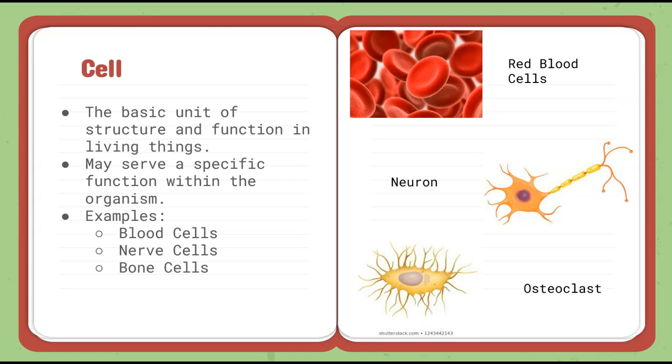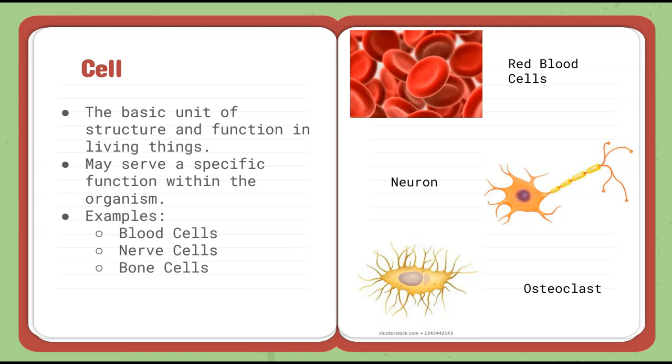For example, you have red blood cells in humans that carry oxygen throughout the blood, and then you have nerve cells that send electrical impulses. Just a heads up, a neuron is a type of nerve cell, and you may see that on a standard assessment. Just know that it is a type of nerve cell.